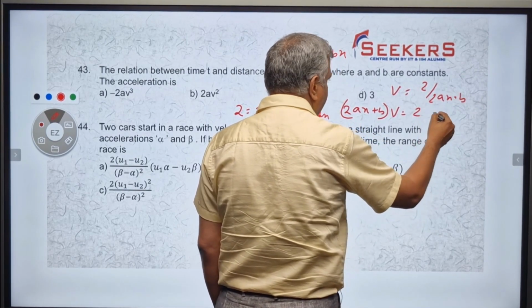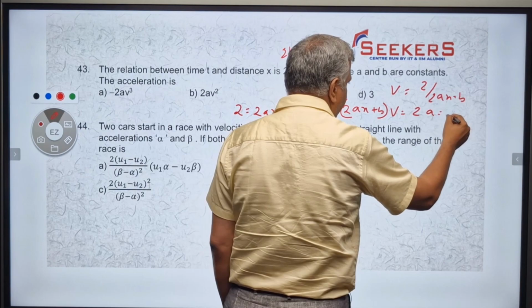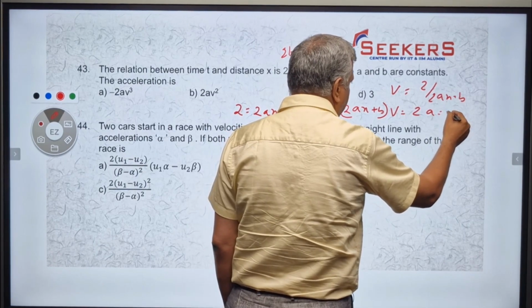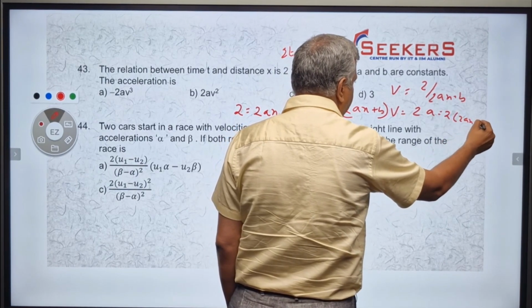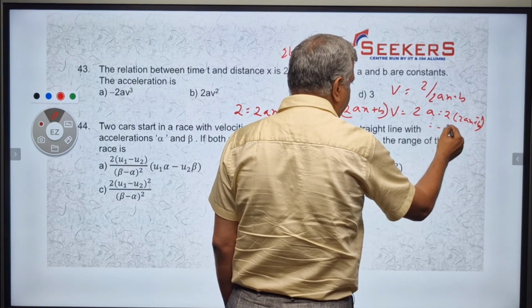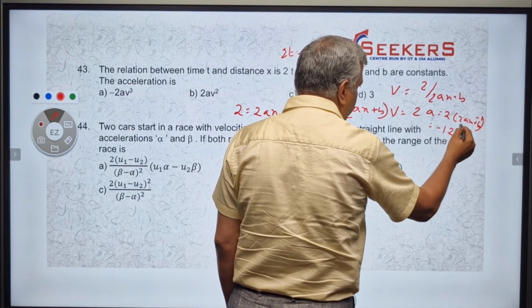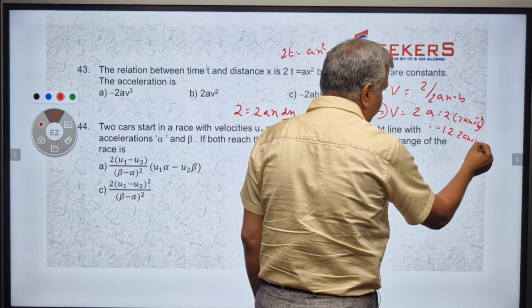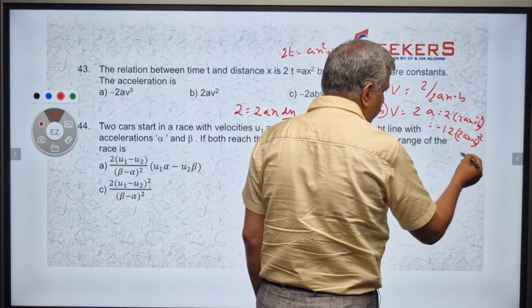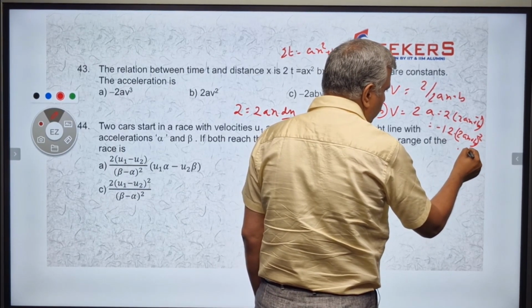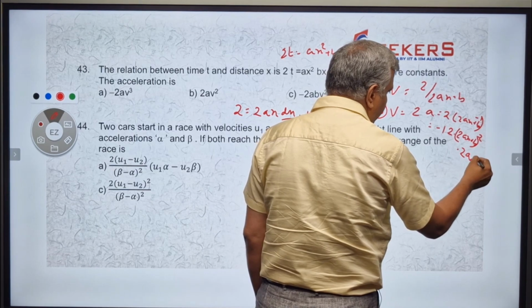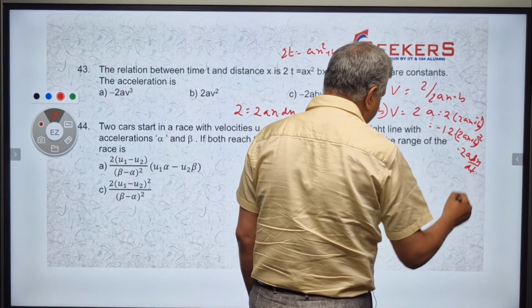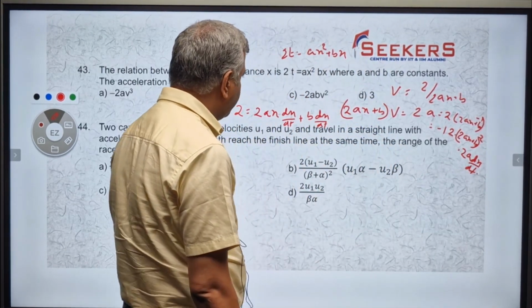Now the acceleration is equal to dv by dt, so it will become 2 into 2ax plus b power minus 1, so that will become minus 1 into 2 into 2ax plus b power minus 2 into 2a dx by dt. This is the acceleration.